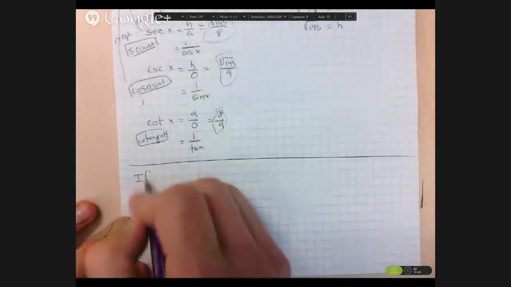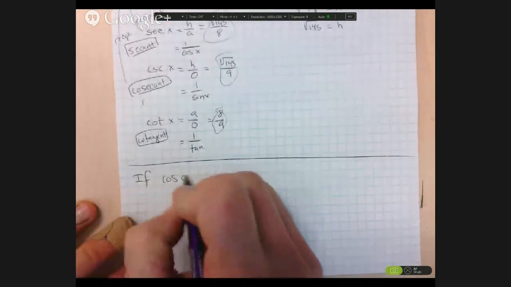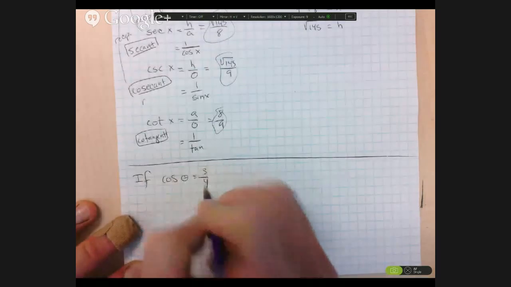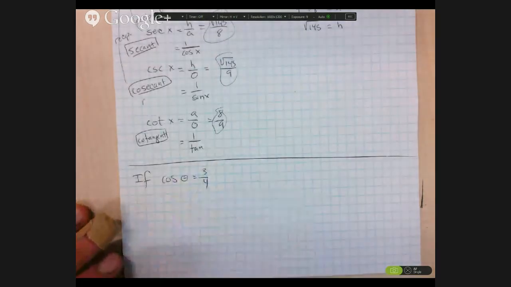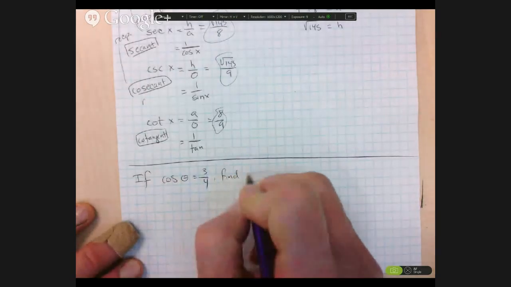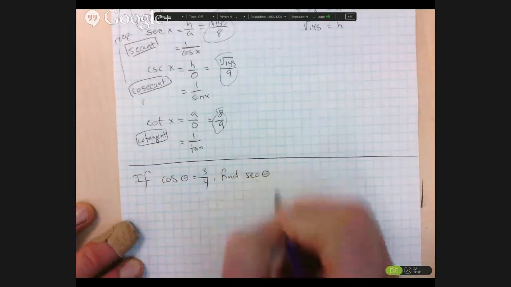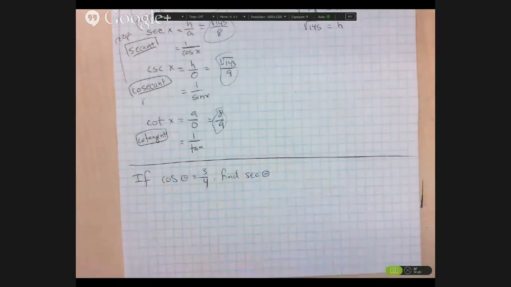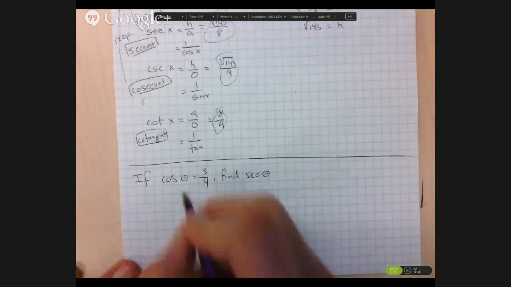If cosine theta equals 3/4, find secant theta. That one's easy. Remember, we're going in the Greek alphabet now?